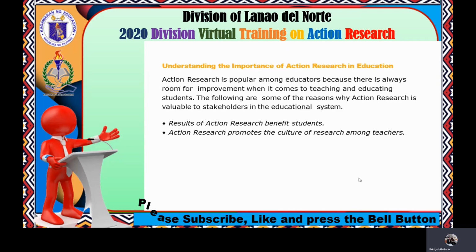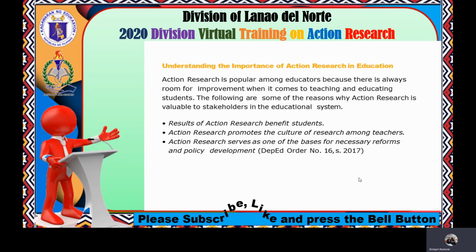So, the third importance is action research serves as one of the bases for necessary reforms and policy development. DepEd Order number 16, series of 2017, is the guideline we follow.